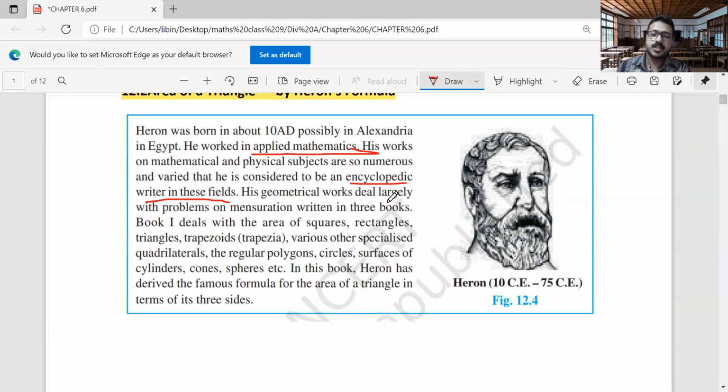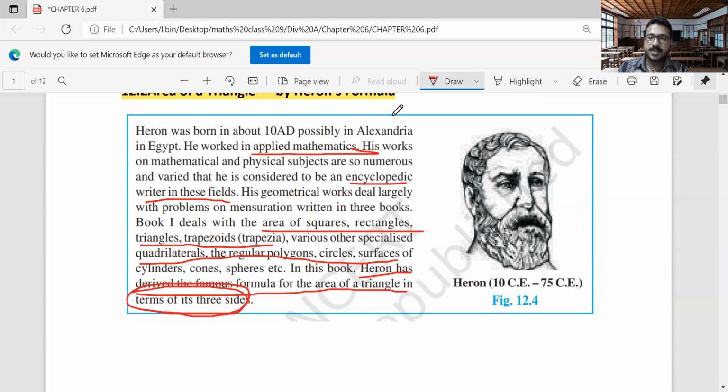His geometrical works deal largely with problems on mensuration, written in 3 books. Book 1 deals with the area of squares, rectangles, triangles, trapezoids, and various other specialized quadrilaterals, regular polygons, circles. In this book, this is our main thing, this is what we are going to learn. Heron has derived the famous formula for the area of a triangle in terms of its 3 sides.